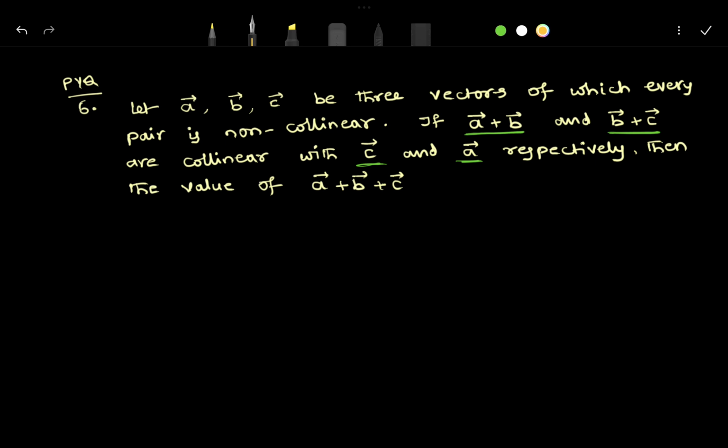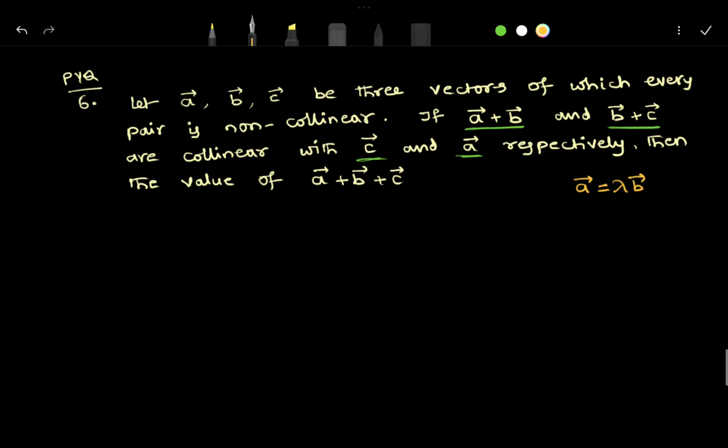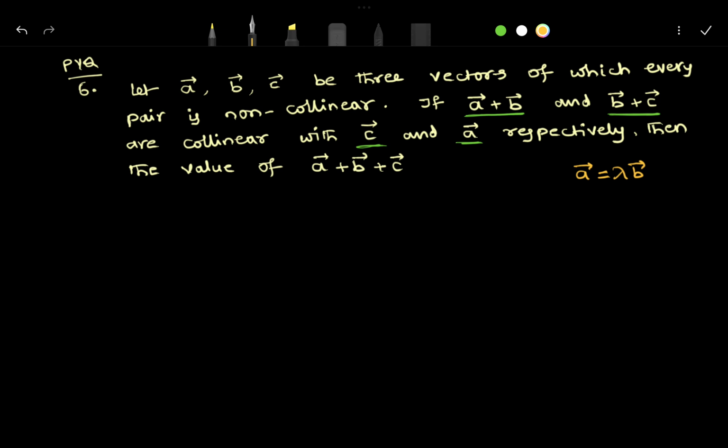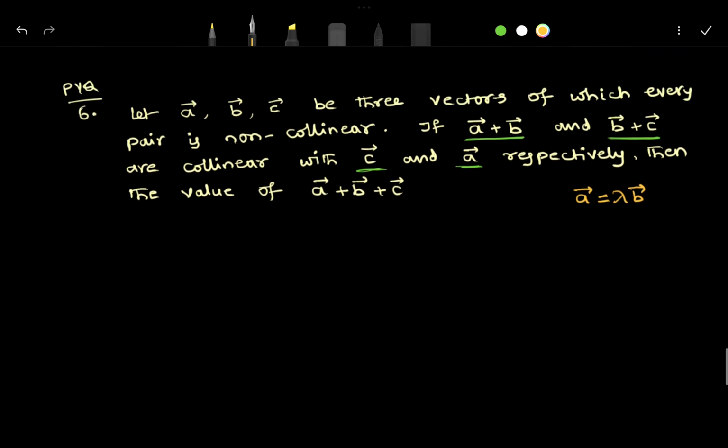We know one fundamental concept: if two vectors are collinear, for example A bar and B bar, then one vector is equal to a scalar times the other. A bar is equal to lambda into B bar, or B bar is equal to lambda into A bar. According to this, A bar plus B bar is collinear with C bar, so we write it as lambda into C bar.